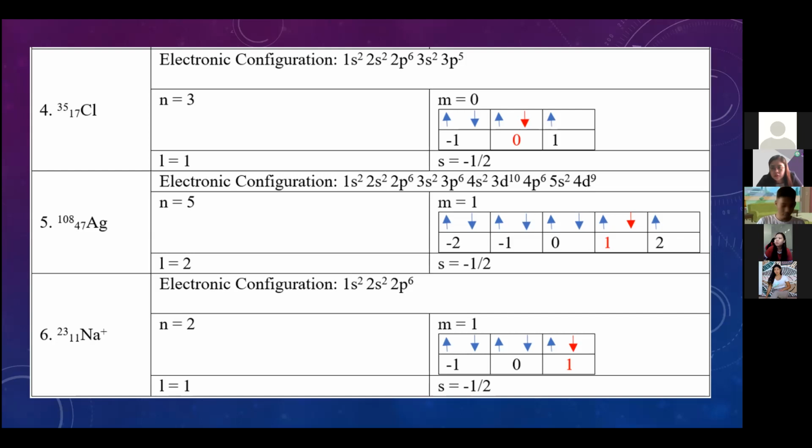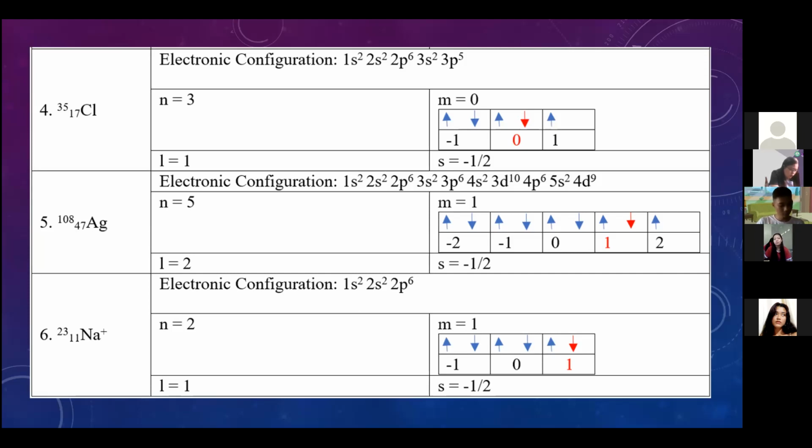With the help of these arrows: 1s2, 2s2, 2p6, 3s2, 3p6, 4s2, 3d10, 4p6, 5s2, and 4d9. For the d, it was said that d can accommodate 10 electrons, but we write 9 because it will be too many if we add all of these electrons.